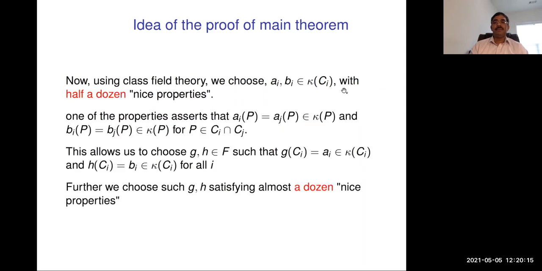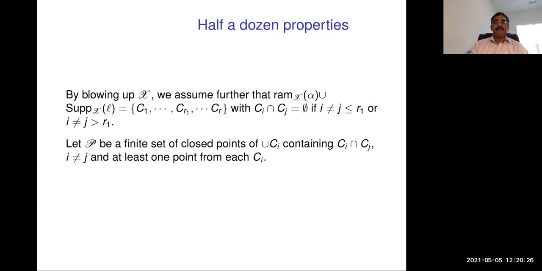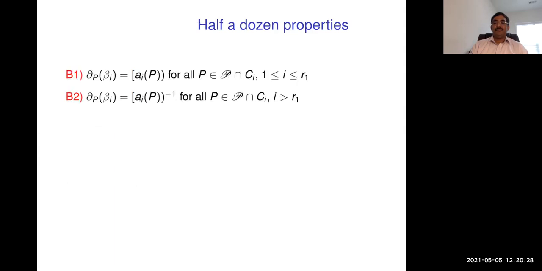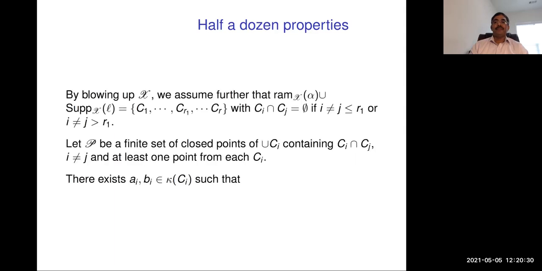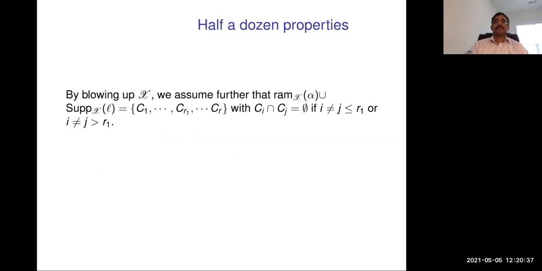But then I said half a dozen nice properties, almost a dozen nice properties. So what are they? What do they look like? By blowing up X, we further assume the ramification of alpha and the support of L looks like C1, C2, ..., CR, as we said before.